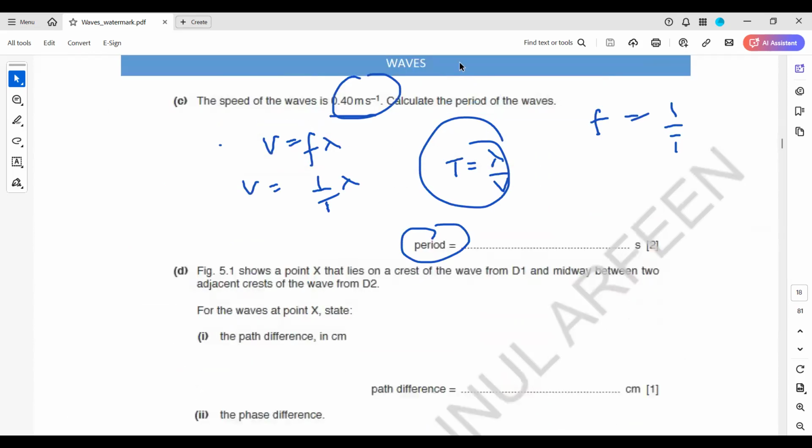So we substitute the values: 0.06 divided by 0.4, we get 0.15 seconds. That is the period; in 0.15 seconds, it will complete one oscillation or one vibration.